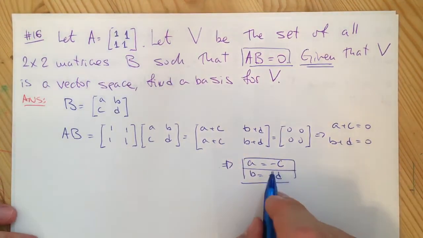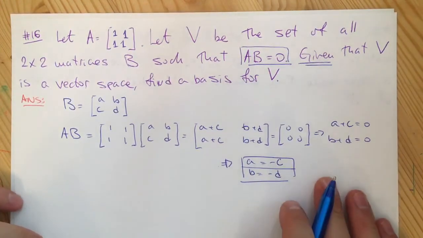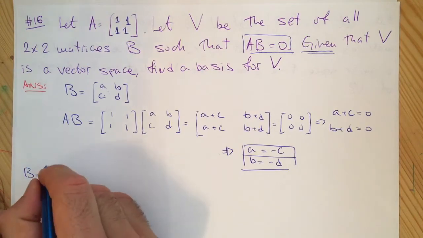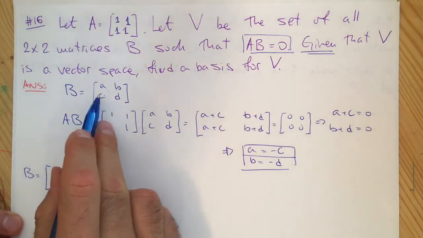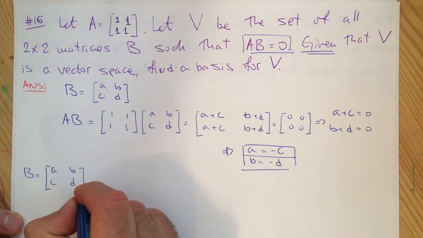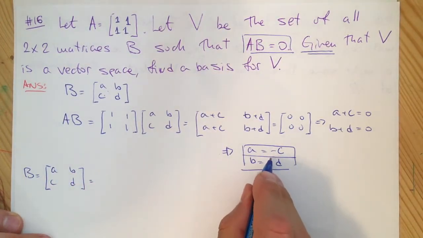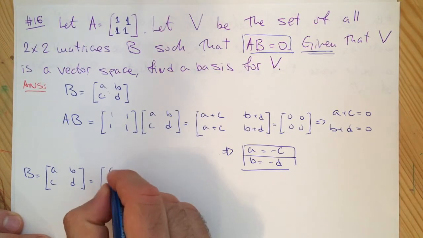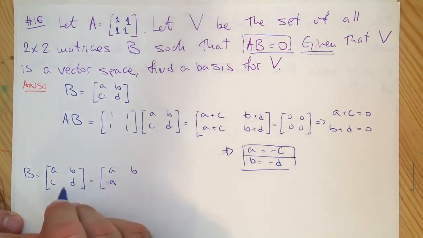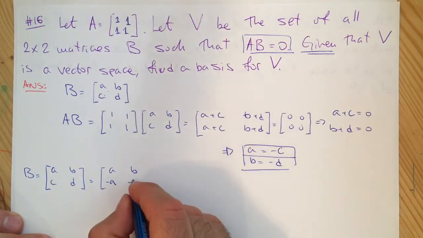Okay? Once we have found the relation between these entries, you go back to the most general vector in this vector space, a, b, c, d, and now you use this relation between the entries. So I have a, b, now c is negative a, and d is negative b.